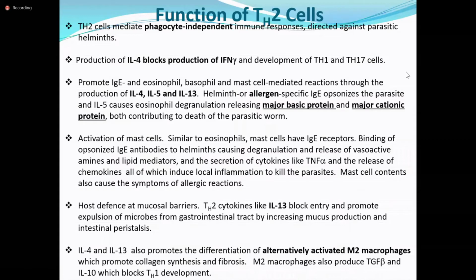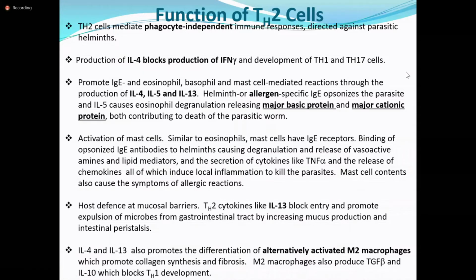They're not completely non-inflammatory. You do get a certain degree of inflammatory response because in some instances you do need to directly kill some of these pathogens. For instance, helminthic worms are killed quite efficiently by eosinophils through the granules like major basic protein and cationic protein.